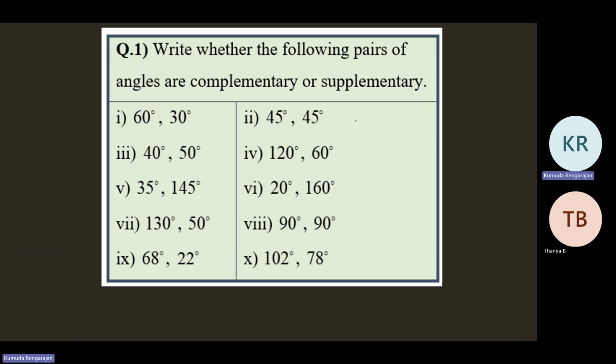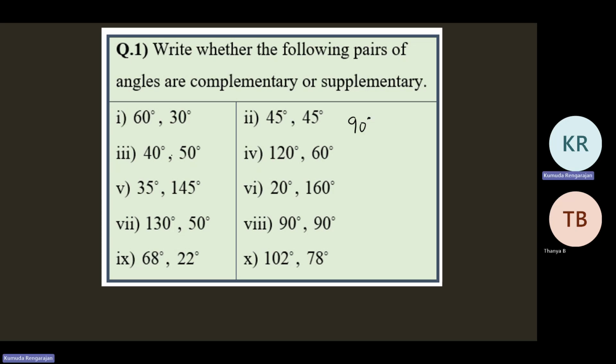Now tell me, what is the complement of 90 degrees? There's no complement of 90 degrees because if you add, you should get a complement. Oh, okay, 45 plus 45. What is the complement of 90 degrees?